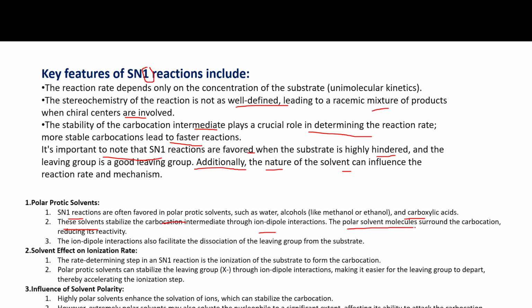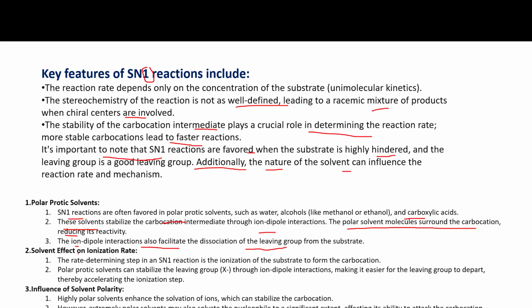In an SN1 reaction the carbocation formation is the key step, and if you do not stabilize your carbocation, you cannot get an SN1 reaction. The ion-dipole interaction also facilitates the dissociation of the leaving group from the substrate.